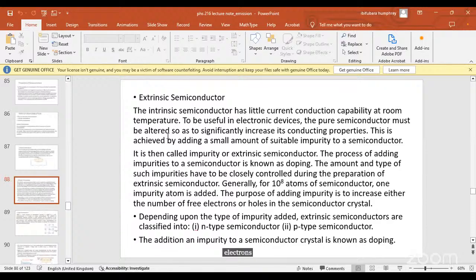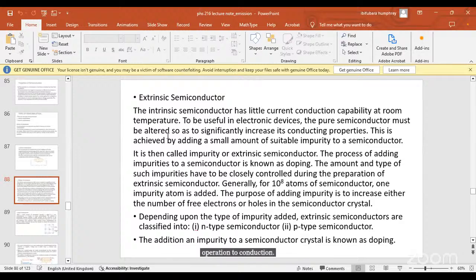Remember, in your chemistry, atoms strive to form an octet, 8 in number. So when 5 and 4 come together, they form a stable octet, and 1 electron will be in excess. That electron is what will go into conduction.